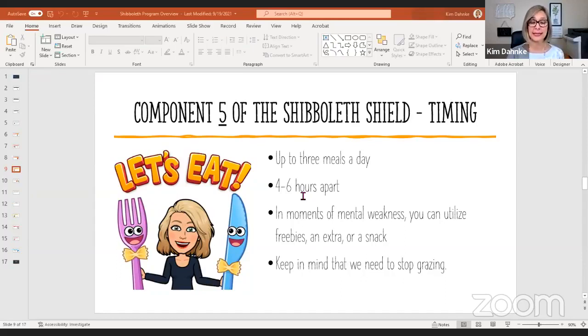I found Shibboleth in April of 2019, and I wanted to lose 35.5 pounds. I lost that 35.5 pounds in about 3 months. I then went into maintenance mode, and in maintenance, continuing to live the Shibboleth lifestyle, I lost another 15 pounds for a total of 50 pounds.